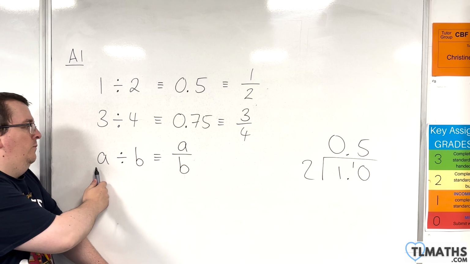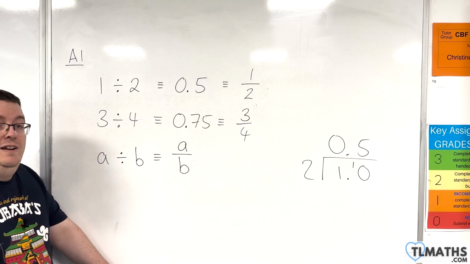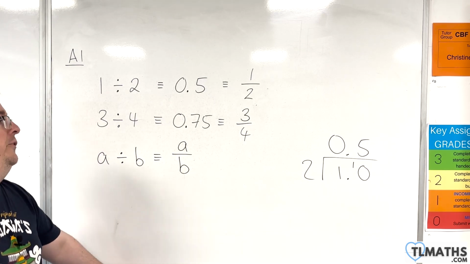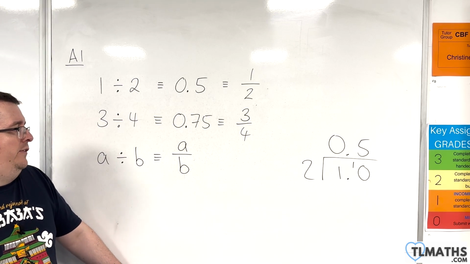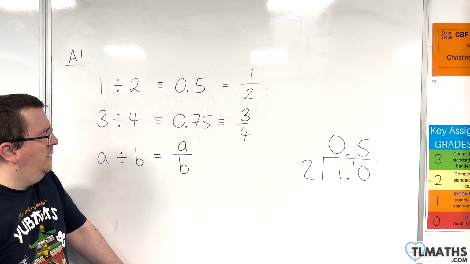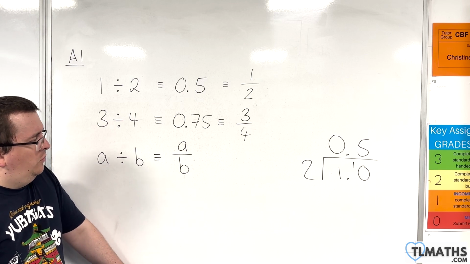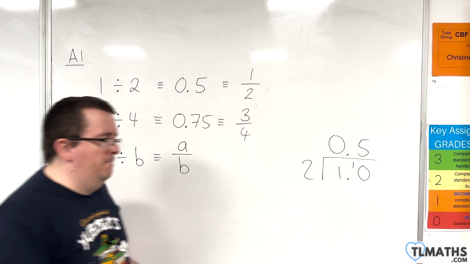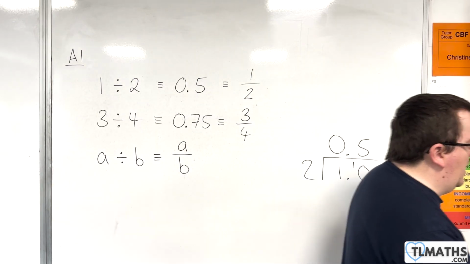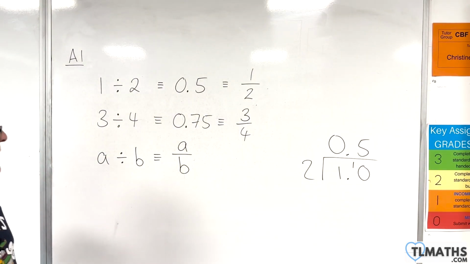We try not to use the division symbol really at all. Once we get past GCSE, the division symbol kind of gets left by the wayside. So it's really making sure you understand what that represents. Okay, so A over B is the same as A divided by B.